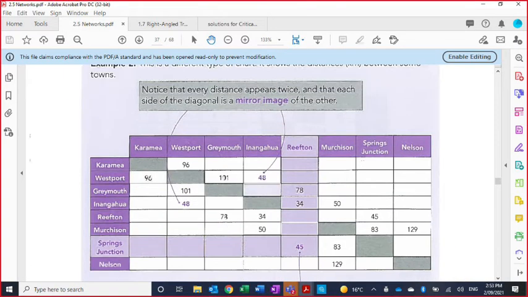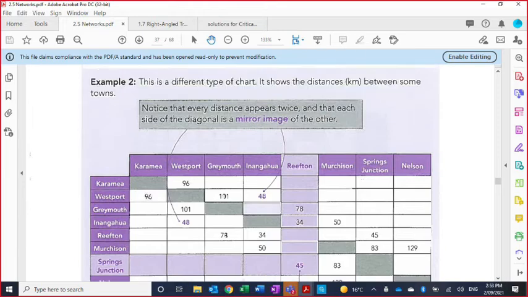Right? Let's look at another one. So here's another form of table. This table has all the names across the top and all the names down the side. And so we're going to just look at the intersections for those. Since they repeat them, you'll notice that this diagonal here is grayed out because that would represent going to the same exact point. So you're going to have little grayed out boxes, or you can just leave those empty. You don't have to gray them out if you don't want to. It makes no difference. Okay?